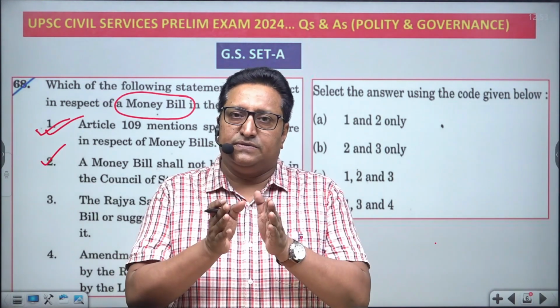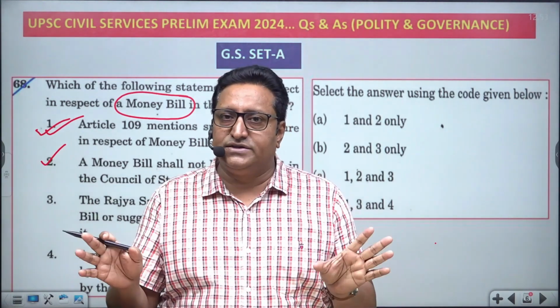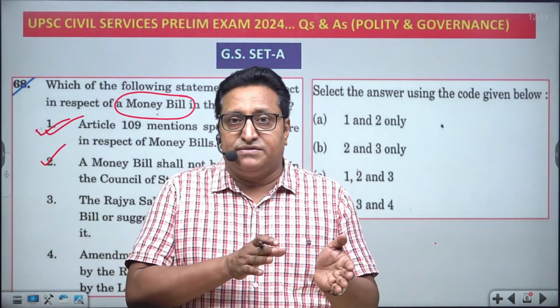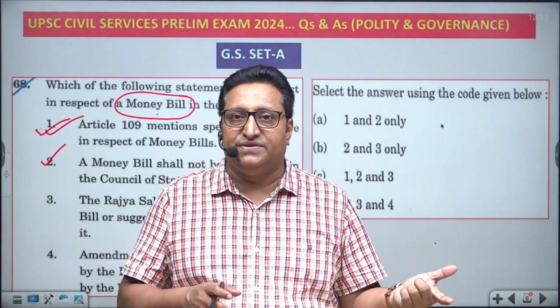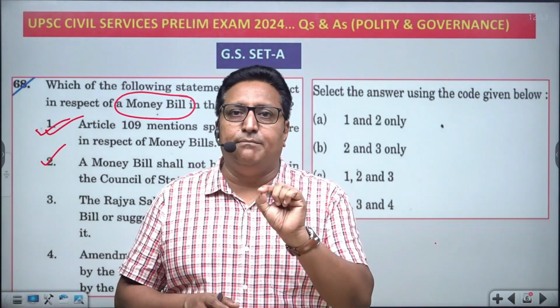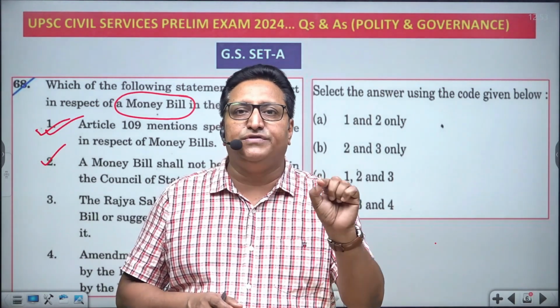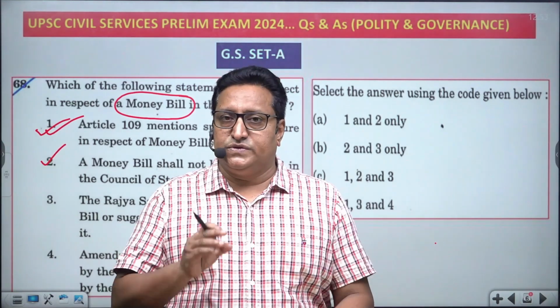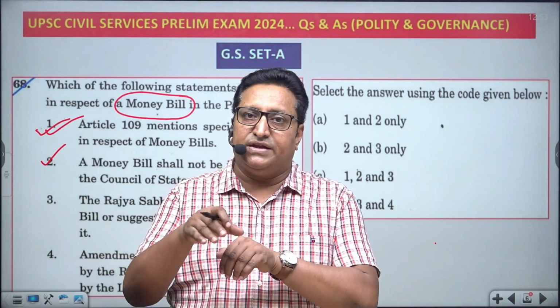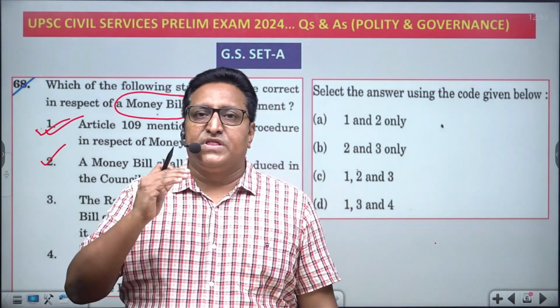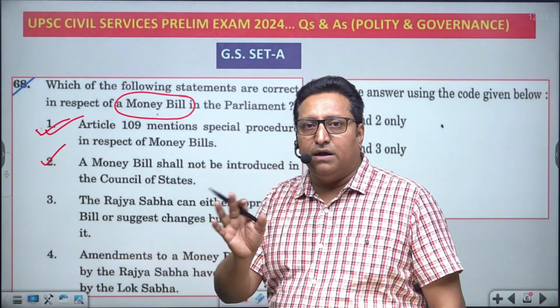Rajya Sabha has the option of either approving it, then fine. Rajya Sabha may reject it, but still it will be considered passed. Rajya Sabha cannot amend, it cannot introduce any kind of amendment into the provisions of the money bill. It can only suggest certain amendments. So there is a difference between suggesting amendments and making amendments. Okay? So Rajya Sabha can only suggest amendments, it cannot make any amendments.